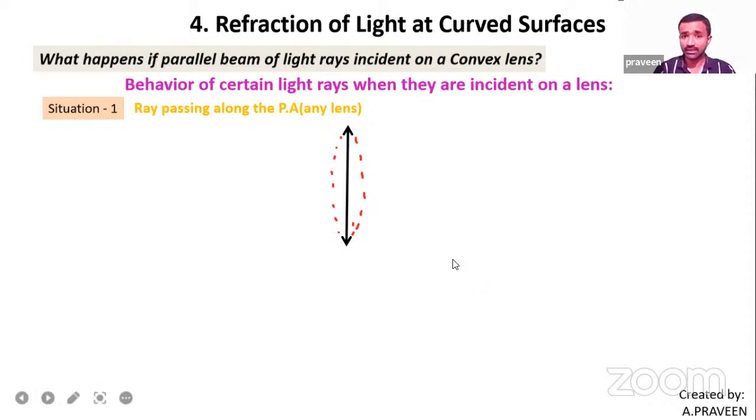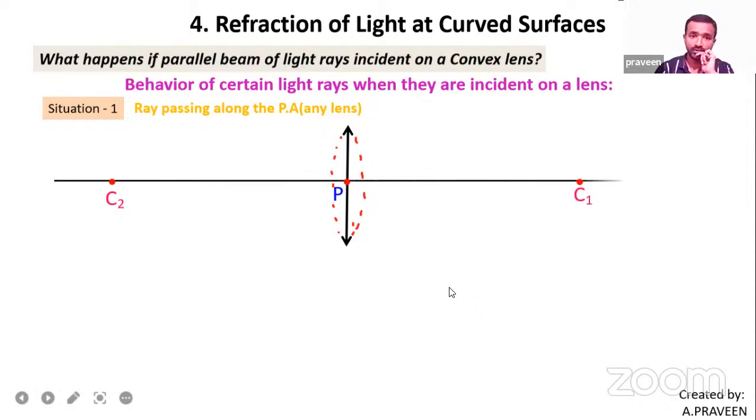Here, identify a point on the lens surface. Before that, I will take a horizontal line passing through it. The middle point on the symbol of the lens is given as the pole. Then the line passing horizontally through the centers of curvature and the pole is given as the principal axis.